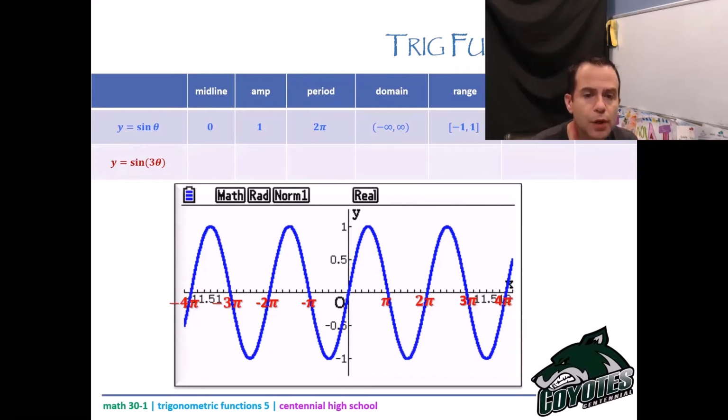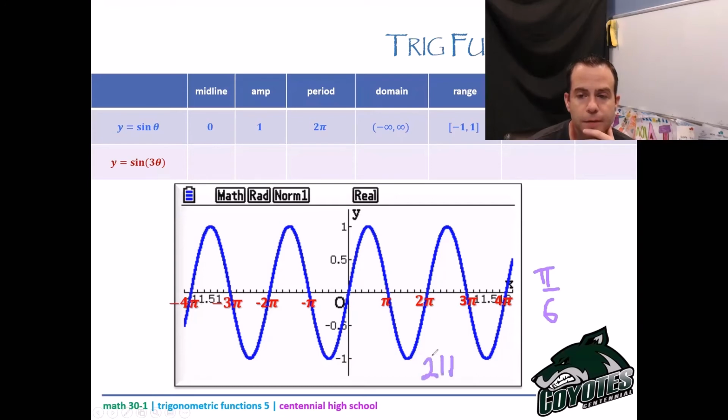Okay, so when we do this, you always got to think about how many tick marks it takes to get to pi. So if I count this right now, I'm going 1, 2, 3, 4, 5, 6 tick marks to pi. Okay, that means every tick mark is pi over 6. It took me a regular period of 2 pi. So the regular one is 2 pi. My new period is going to be 2 pi over 3.